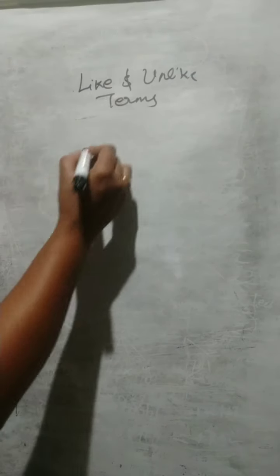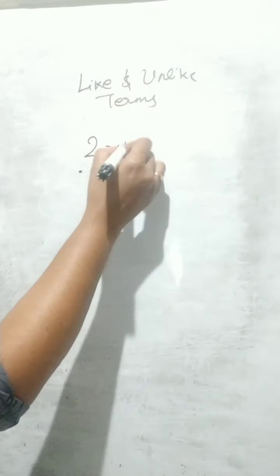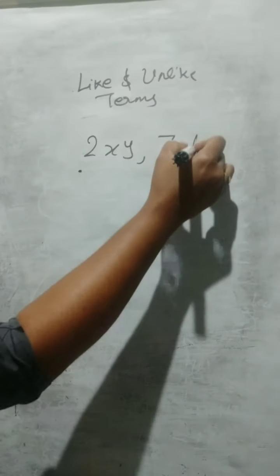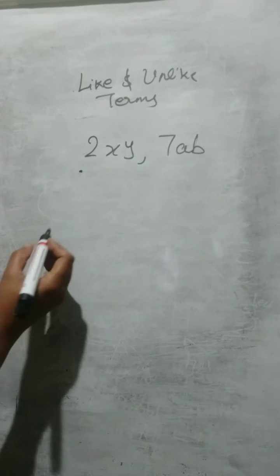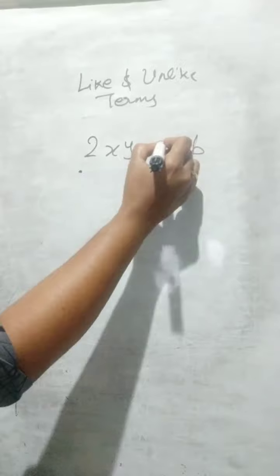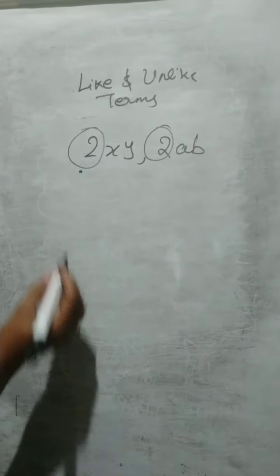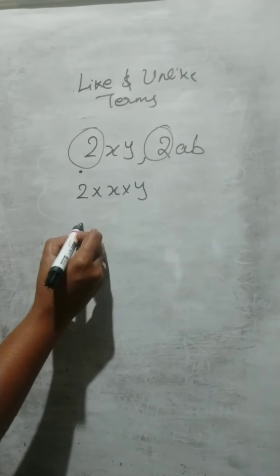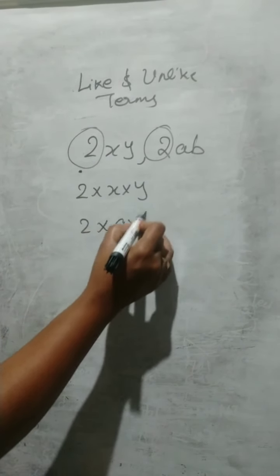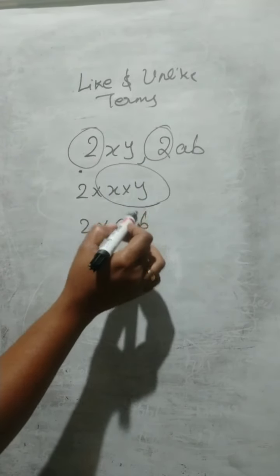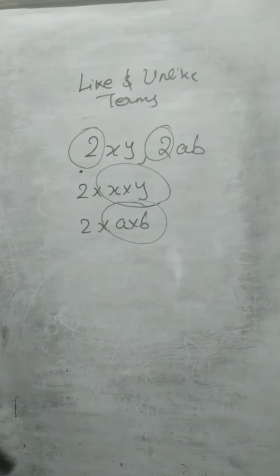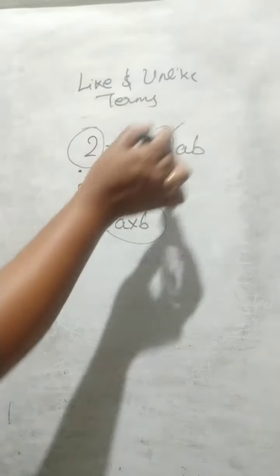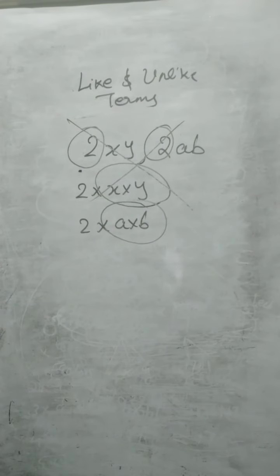That is, here 2xy and 7ab, or 2ab. Here the coefficients are the same, but here it is 2 times x times y and 2 times a times b. Here the factors of the variable are different. So these are not like terms.